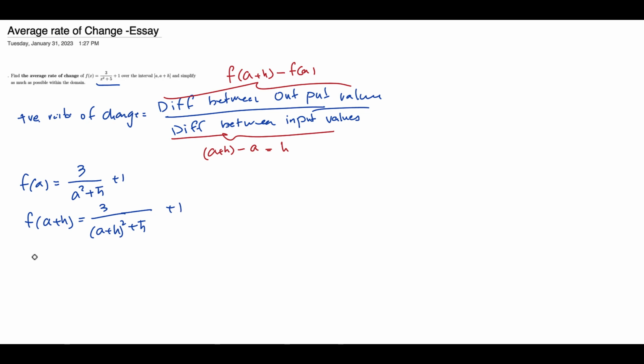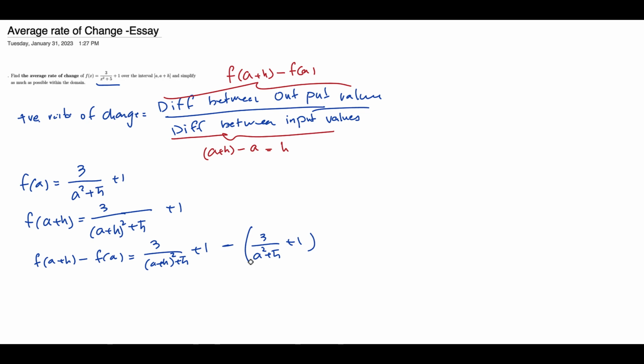Now, do the difference and simplify as much as possible. When I'm doing the difference, I'm very careful to put parentheses after the negative sign: 3 over a squared plus 5 plus 1.